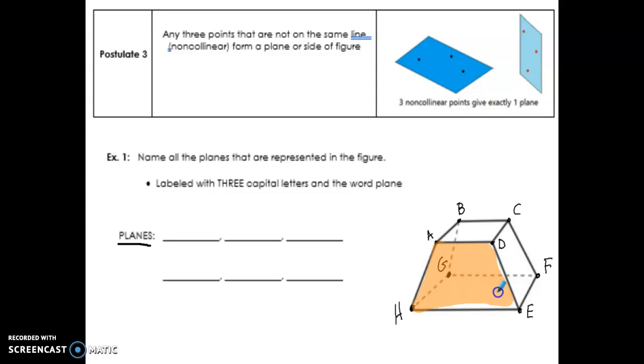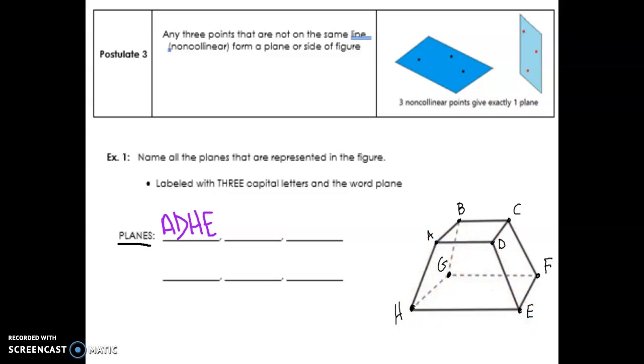You should notice that it is touching 4 different points, A, D, H, E. When you go to label it, you only really need 3 capital letters, but when you're labeling figures, it is helpful to include all of the points that are part of that plane, so you feel like you're creating the entire side of the figure with your label. So A, D, H, E. Again, order of letters doesn't matter. Whichever way you go around your figure is completely acceptable.